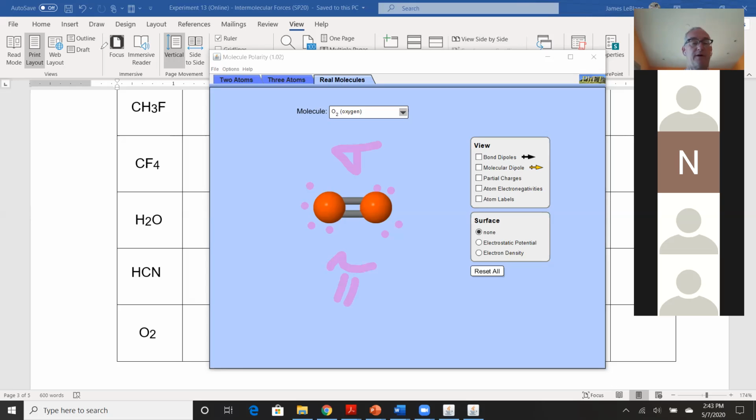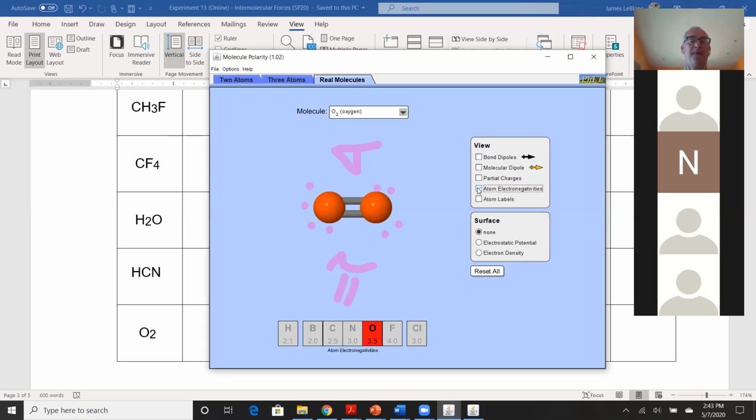So, first, what are my electronegativities? And 3.5. So both oxygens have electronegativity of 3.5. So, am I going to have any bond dipoles? No. I got an unsure no. I'll take that. Anybody have a more sure no or a sure yes? No. No dipoles.